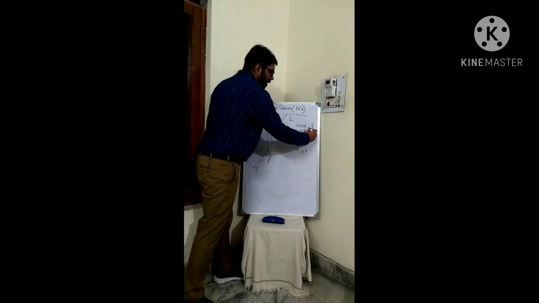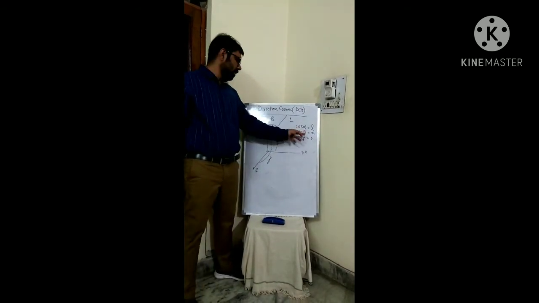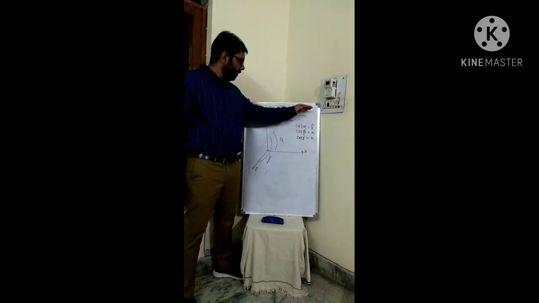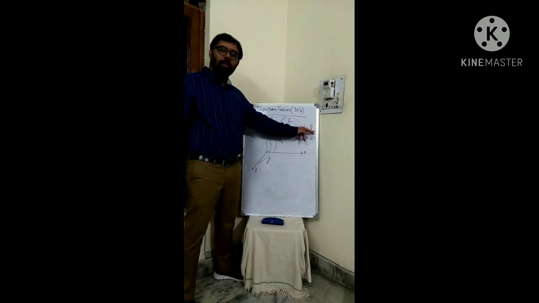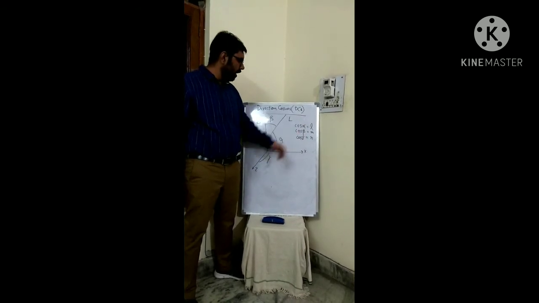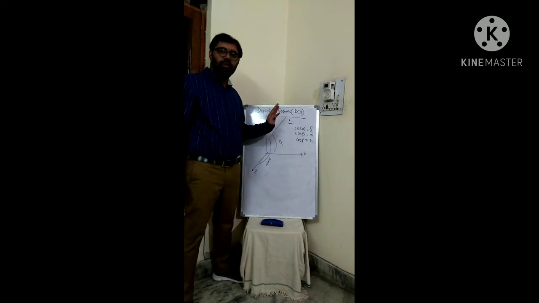Cos alpha is represented by the letter L, cos beta is represented by the letter M, and cos gamma is represented by the letter N. These three entities L, M and N are called the direction cosines of the given line. For a given line they are a unique set of numbers.